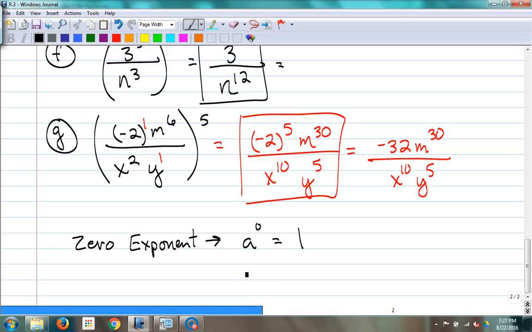I could take that crazy number, 3,846,784,401, and if I raise that to the 0 power, it turns into a 1. Always. By definition, anything to the 0 power is 1 by rule.